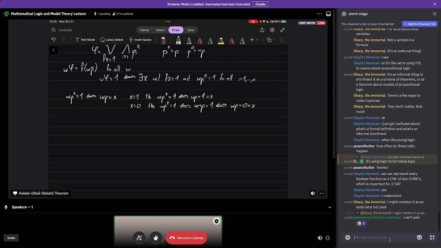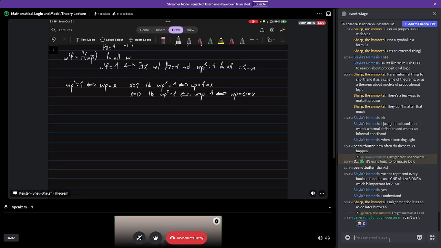Okay, so now if I continue, it's if and only if there's an x with f of x equals 1, and WPi is equal to xi, which is just another way of saying f of WP is equal to 1, right?